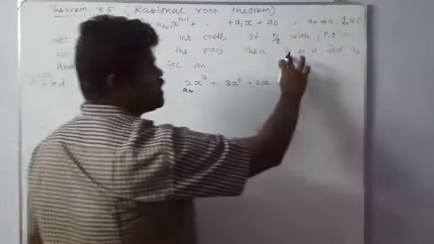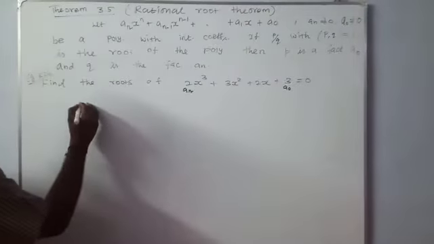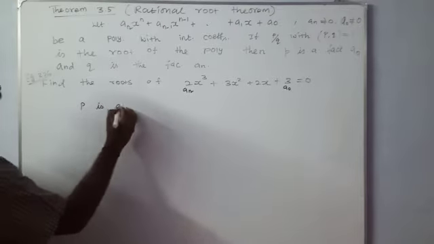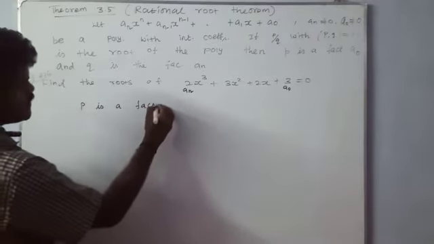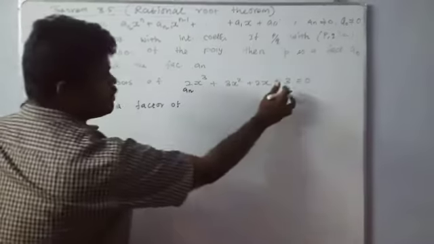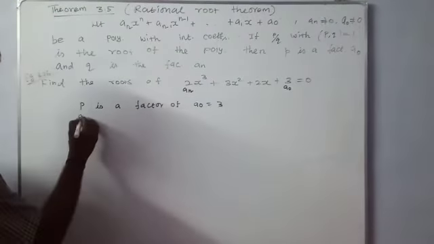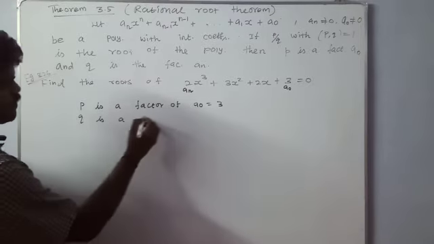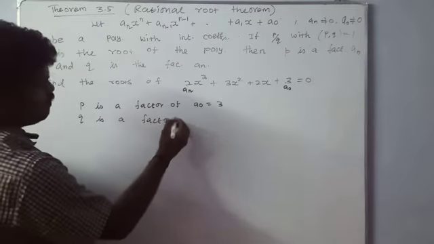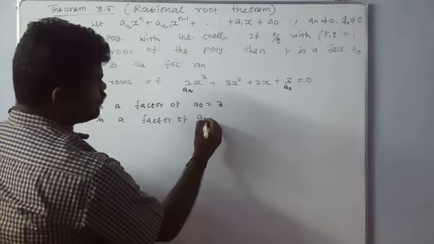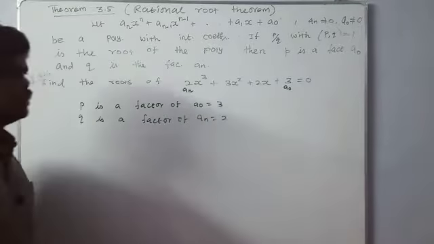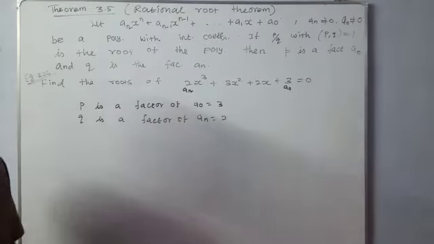What is the given information? p is a factor of a0. What does that mean? a0 equals 3, and q is a factor of an, where an equals 2.